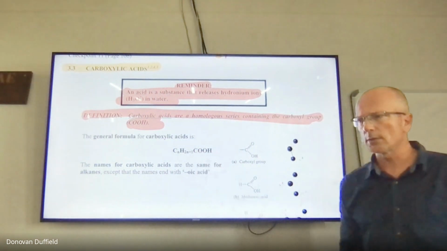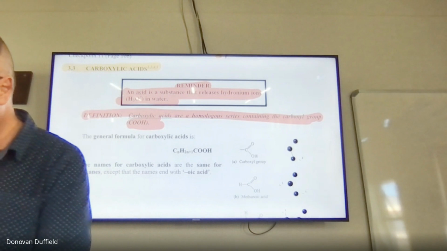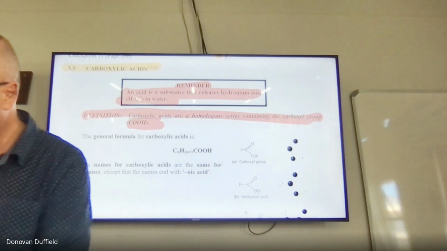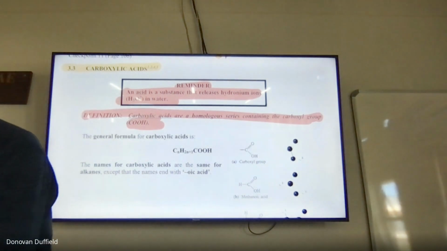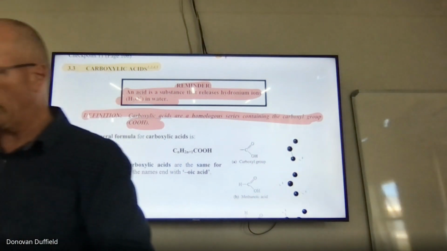Now, the carboxyl group, I'm just going to quickly produce it here. Let's see if I can do that.